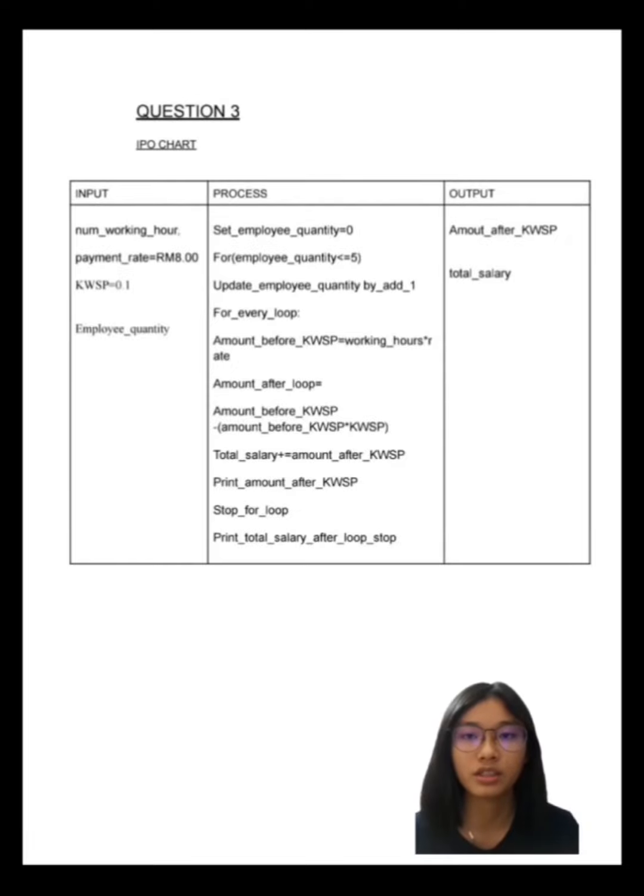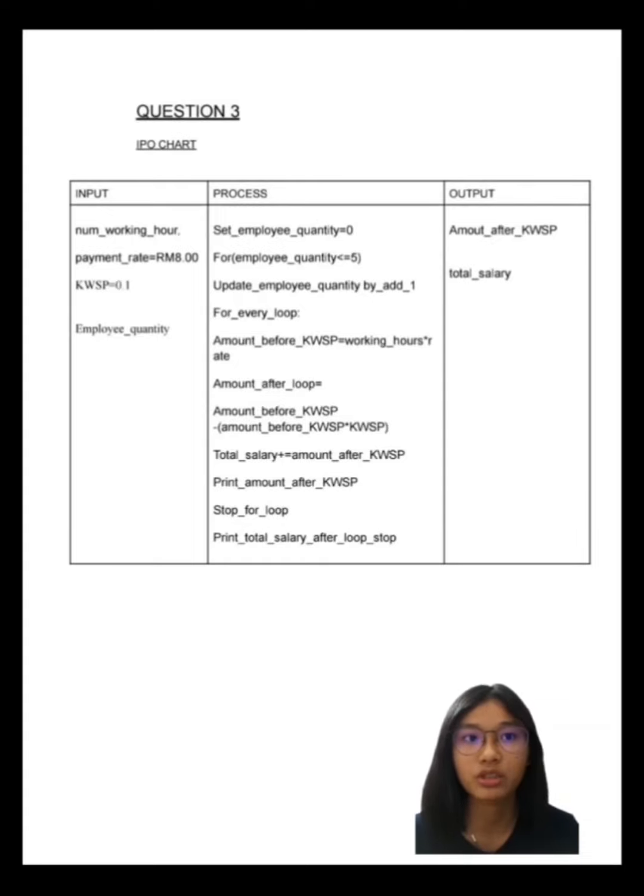The process in this IPO chart is set employee quantity equal to 0, and for employee quantity less than or equal to 5, you need to update employee quantity by adding 1.